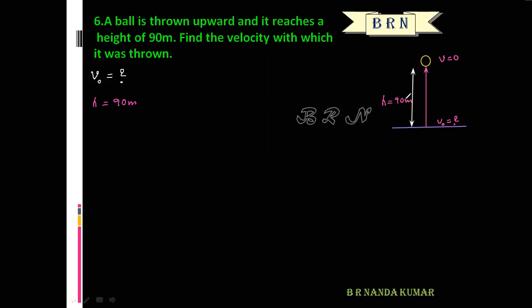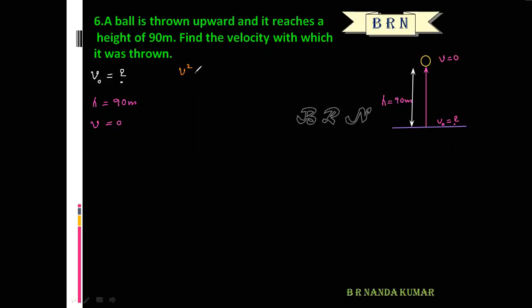So h is the maximum height reached by the ball. What is the value of V? V is equal to 0, and H is equal to 90 meters. So how do we find the initial velocity? By using the third kinematic equation. What is that?